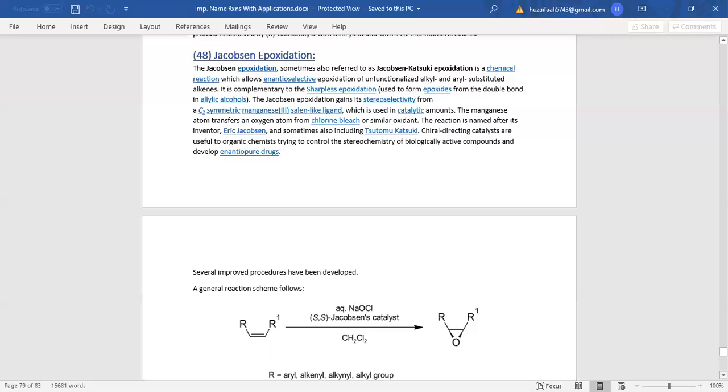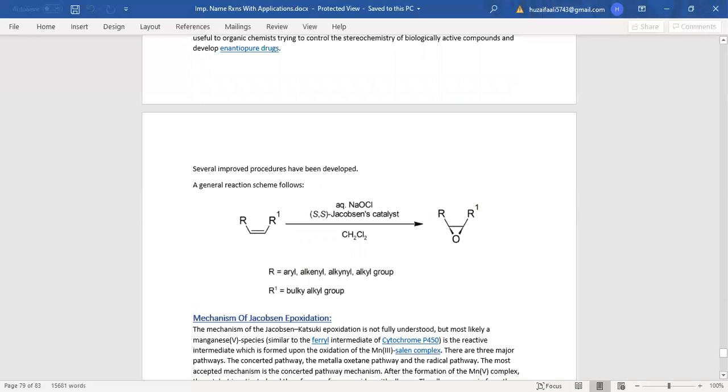The reaction is named after its inventor, Eric Jacobsen, and sometimes also including Tsutomu Katsuki. Chiral directing catalysts are useful to organic chemists trying to control the stereochemistry of biologically active compounds and develop pure drugs.